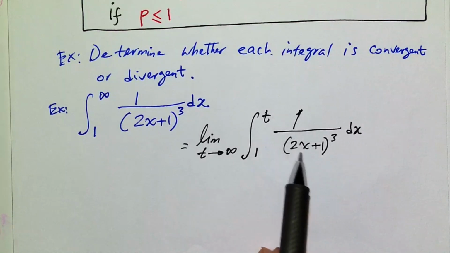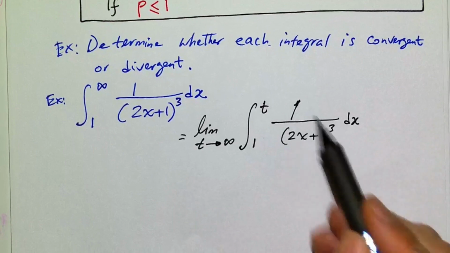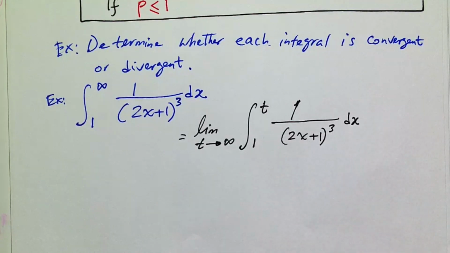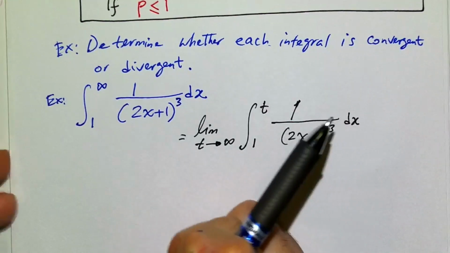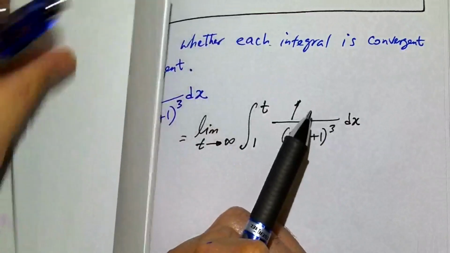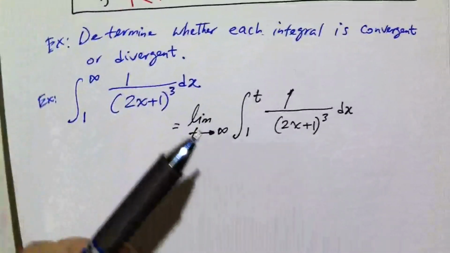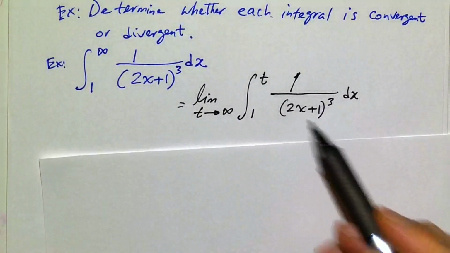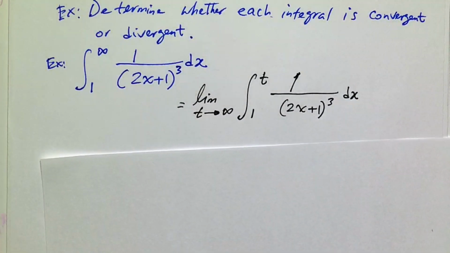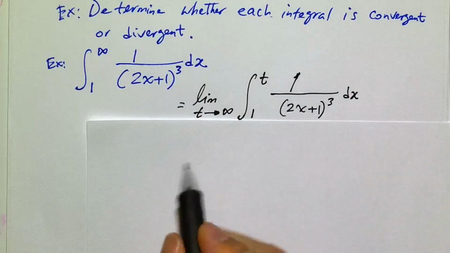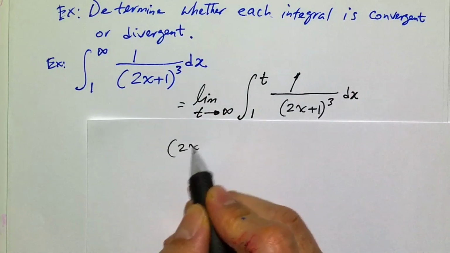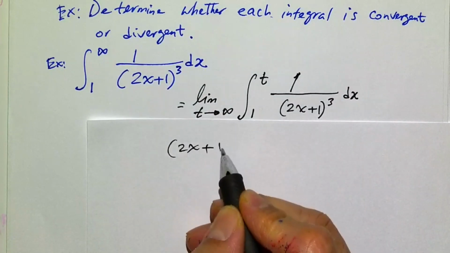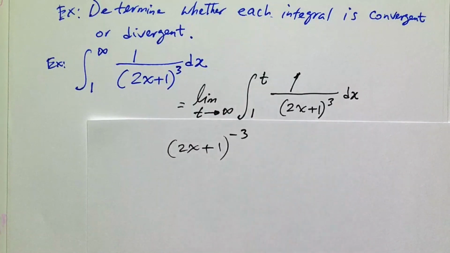Now, this is a very easy ratio to calculate the integral for. Maybe I should use a scratch paper here. On this scratch paper, we can rewrite this as (2x plus 1) to the negative 3 power, right?